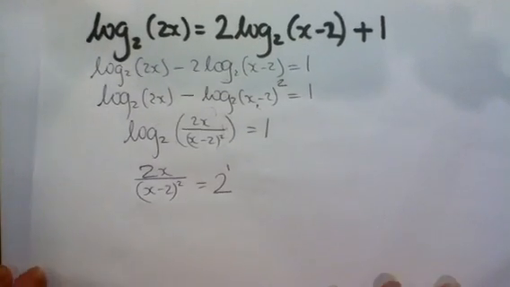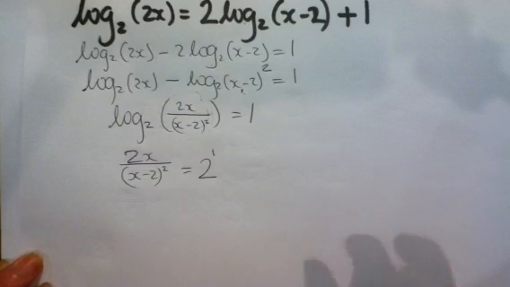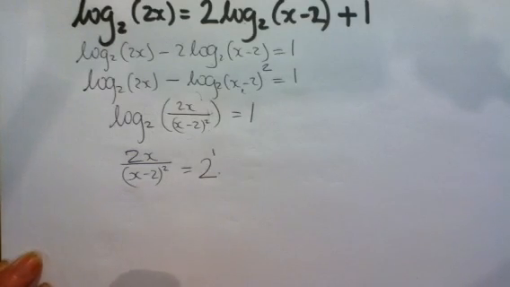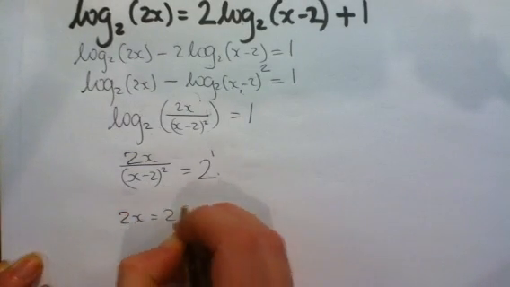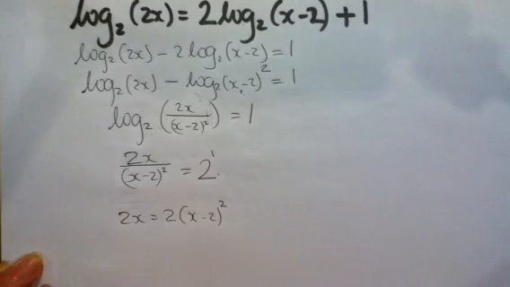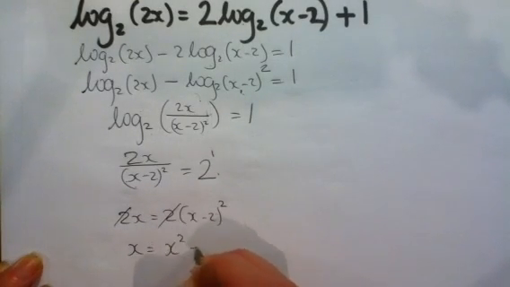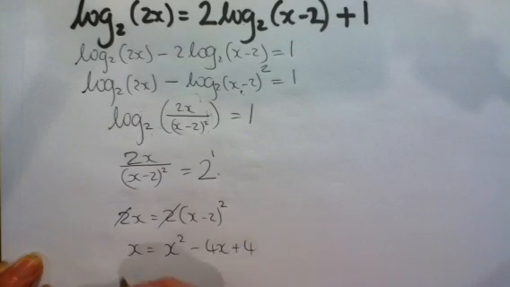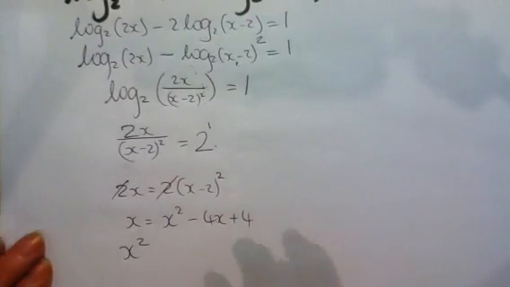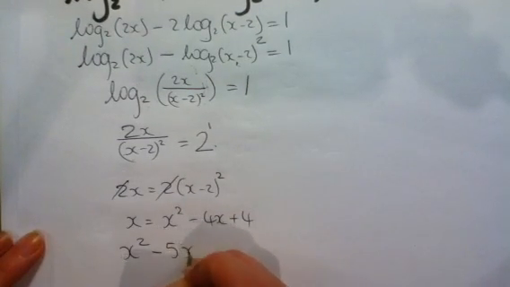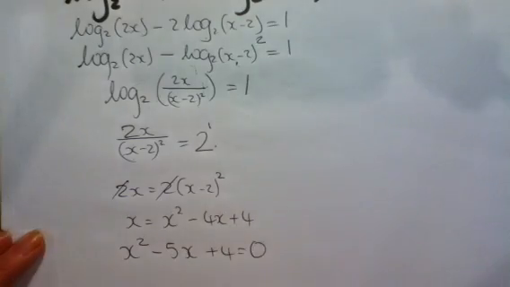So now I've got an equation I should be able to solve. I'm going to times both sides by x minus 2 squared. Cancel these 2's. Expand out these brackets and put everything on the same side. Like that.